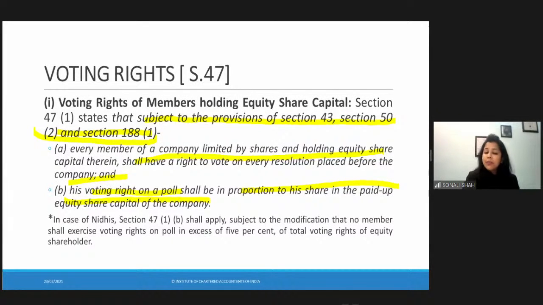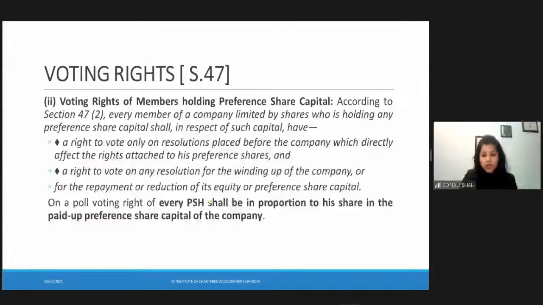So this is an exception that you get to see in a Nidhi company. In case of a Nidhi company, the voting right of a member will not be more than 5% on a poll. Even though you have, let's say, 10% voting right in general, but you are voting on a poll, you can exercise only 5% of equity shareholders. Now, what about the voting rights of the members who are holding preference share capital?